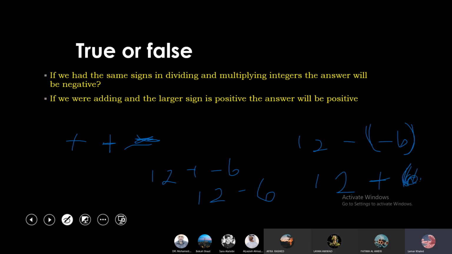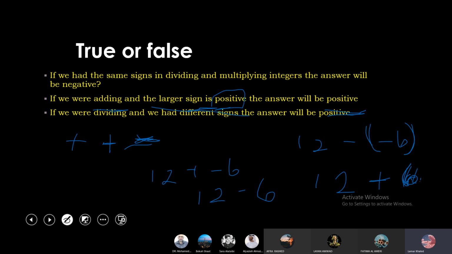If we're adding and the larger number is positive, the answer will be positive. So how do we know if the answer will be negative or positive? We see the larger number, and the larger number is positive, so the answer will be positive. So the answer is true.